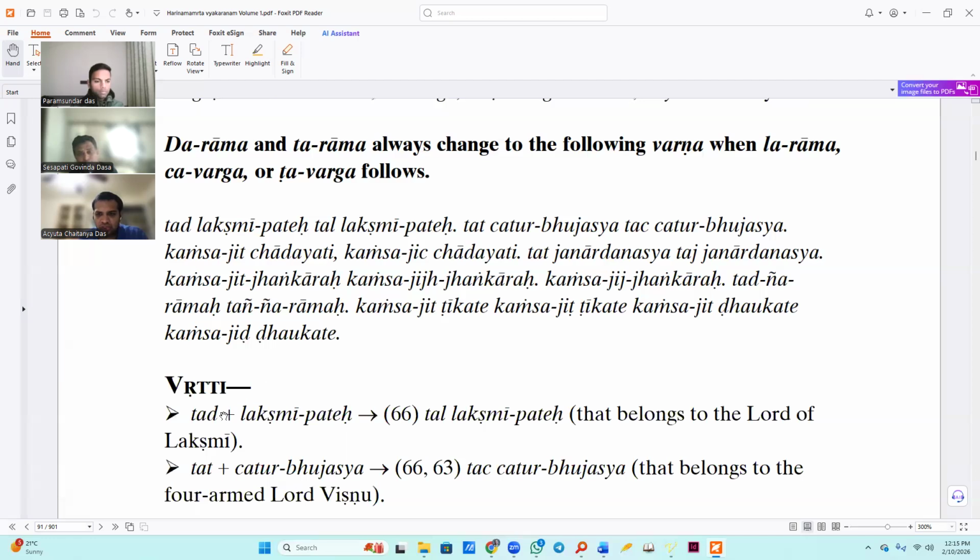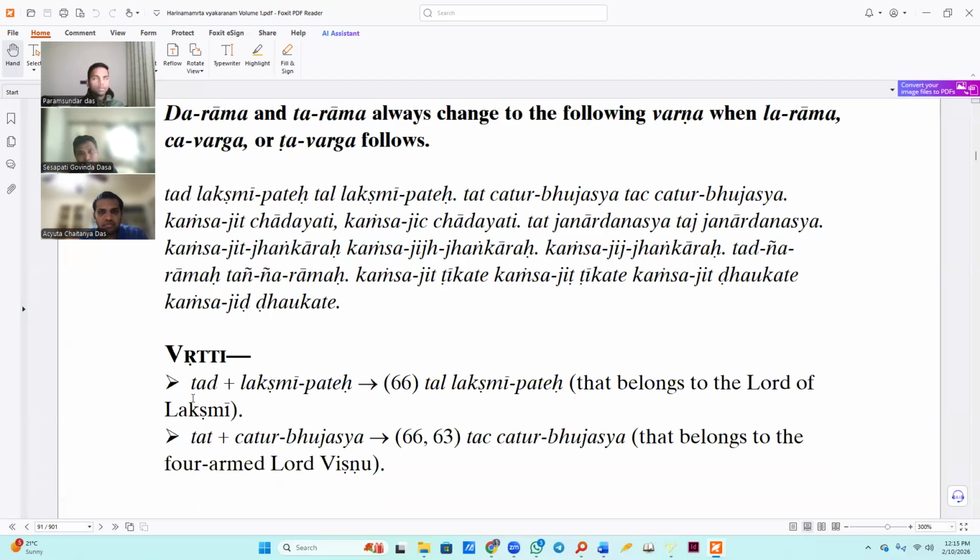Example, Tad Lakshmi Patehe. The Da followed by La, so the Da becomes the same as the following letter. So the Da becomes La. So we get Tal Lakshmi Patehe.